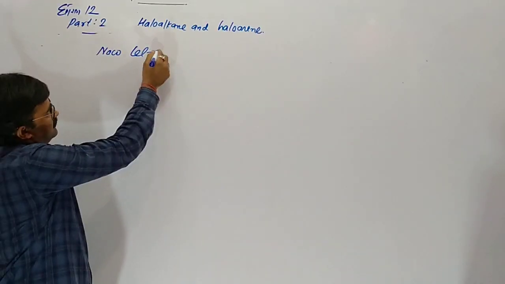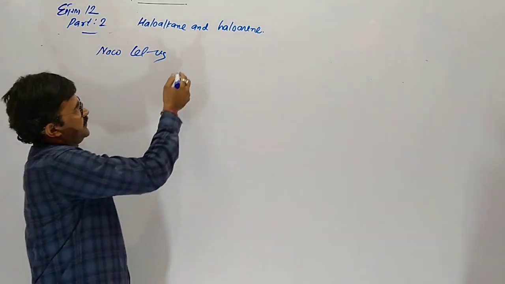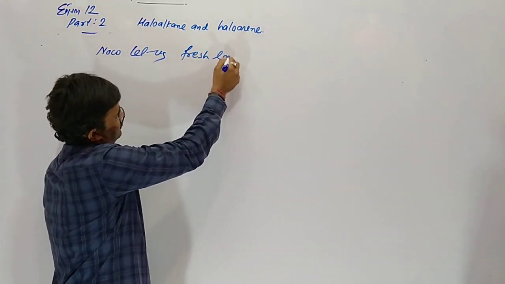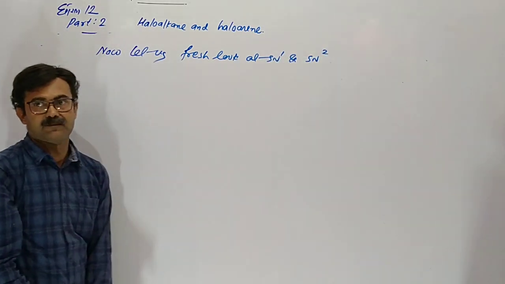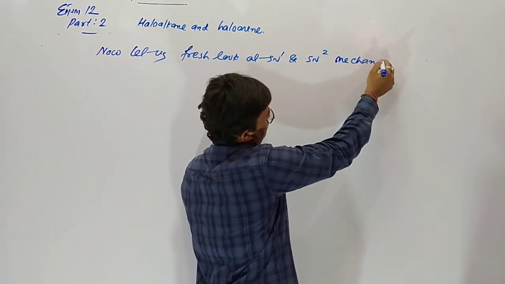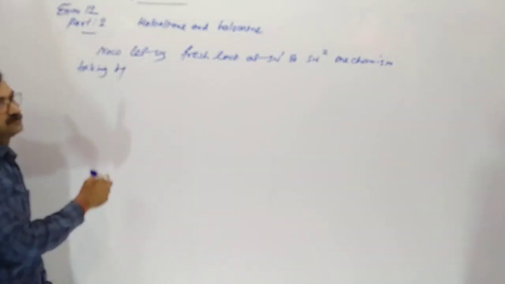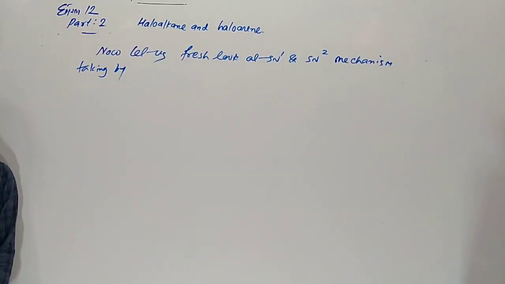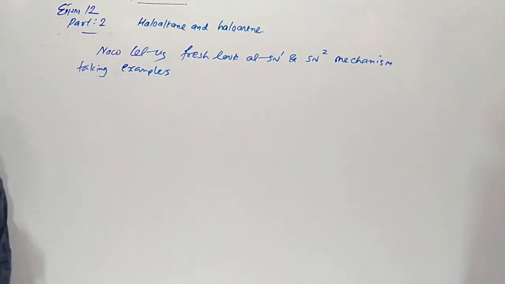Now let us take a fresh look at the SN1 and SN2 mechanisms, taking examples of optically active alkyl halides.